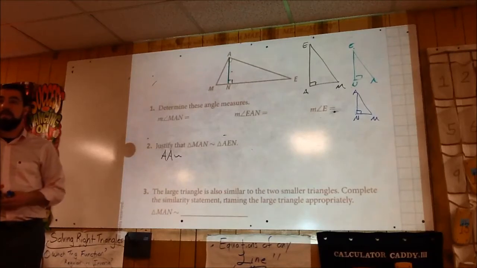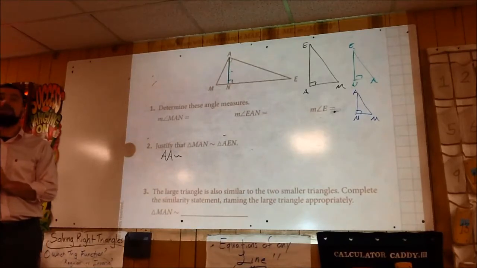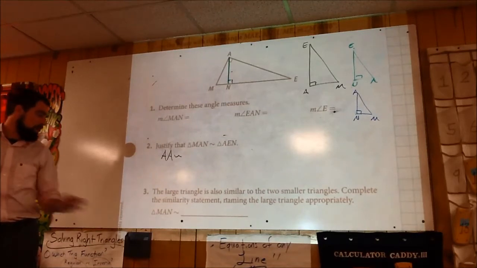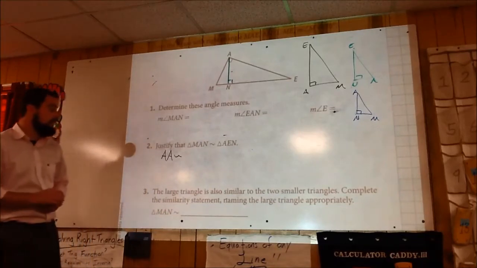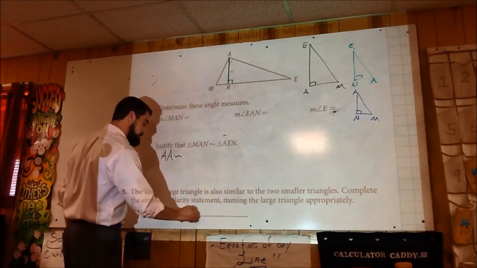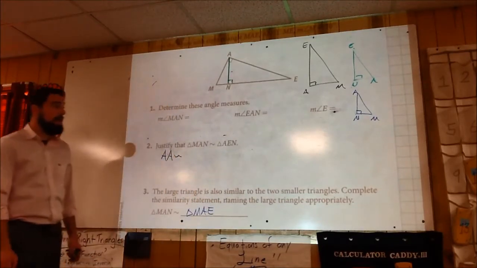What else do they mean? Can I just put the letters in any order? Matching corresponding parts, matching corresponding vertices. So the only correct answer here, triangle MAN is similar to triangle. What's the only correct answer? Should be MAE.